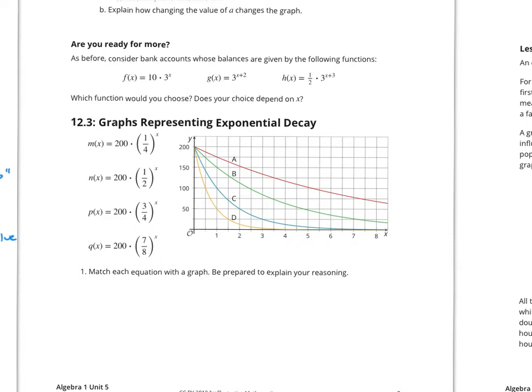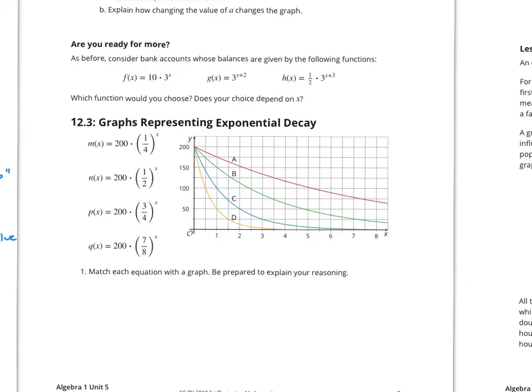All right, so let's take a look at this. If we remember what decay factor represents, it represents how much is left over, what's remaining. So for example, if a car loses 1/4 its value every 10 years or so, then we would say that 3/4 remain every 10 years.